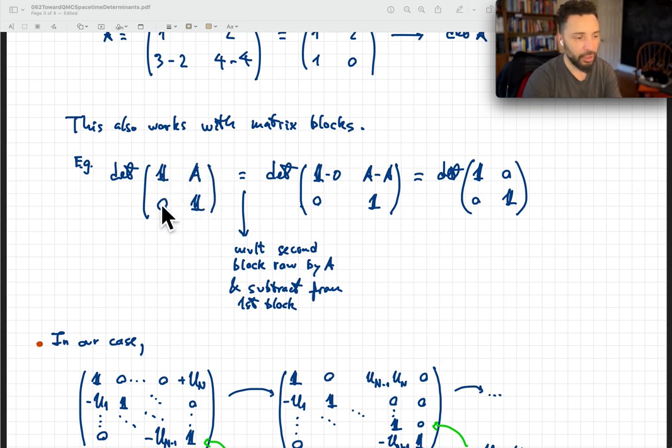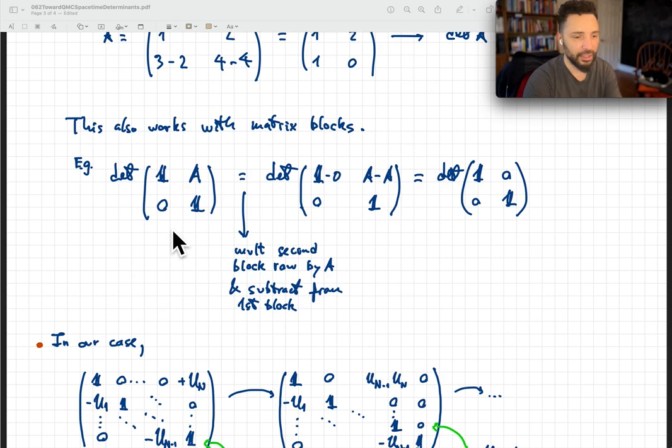Of course, we know that the determinant of an upper triangular matrix is just the product of the elements on the diagonal. That's known, but if you didn't know that, then knowing the properties of determinants and how you can change the matrix and keep the determinant the same, you would do this operation, multiplying the second block row by A and subtracting from the first block, and you get that the determinant of the identity is the same as the determinant of this matrix, which is just 1.